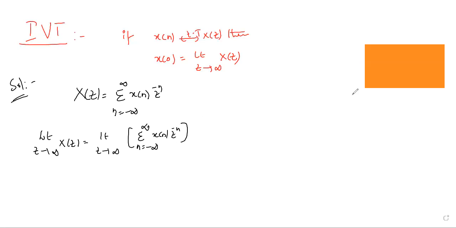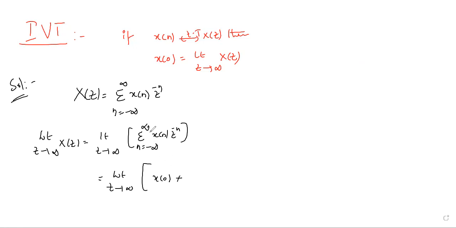We can write this as x of 0, because over this entire duration the n equal to 0 term is also included, plus the summation over n from minus infinity to infinity, n not equal to 0, of x of n into z power minus n.